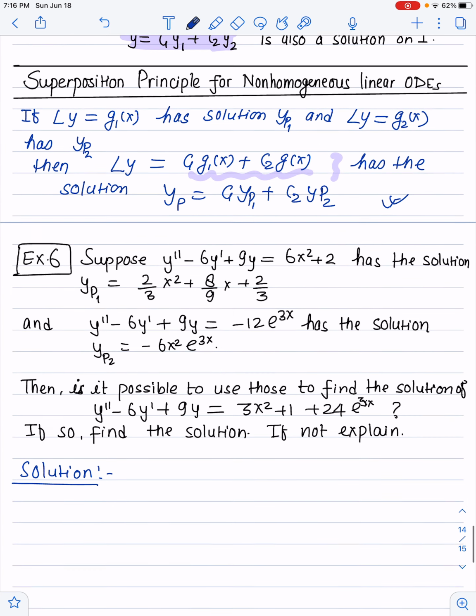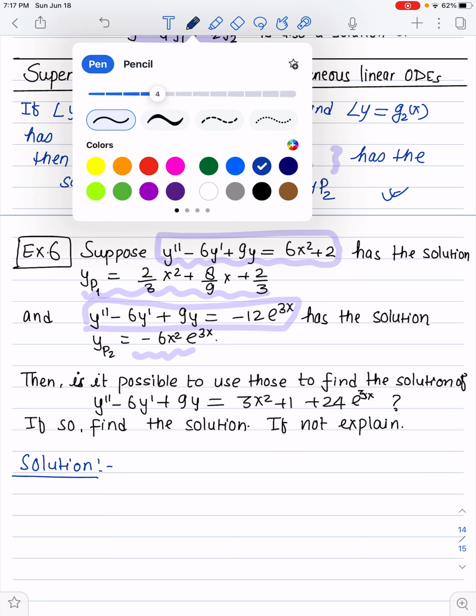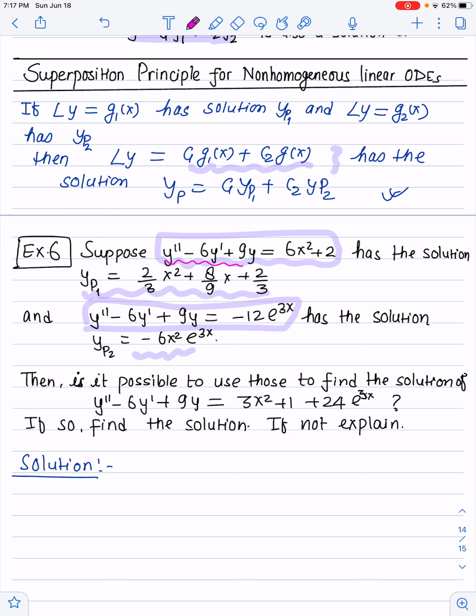So for example, let's look at here. Suppose we have a non-homogeneous linear differential equation. This has a solution yp, and another non-homogeneous linear differential equation has a particular solution. On the left side, this one is the same for both non-homogeneous linear differential equations, right?